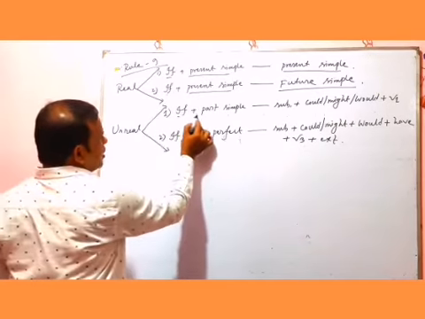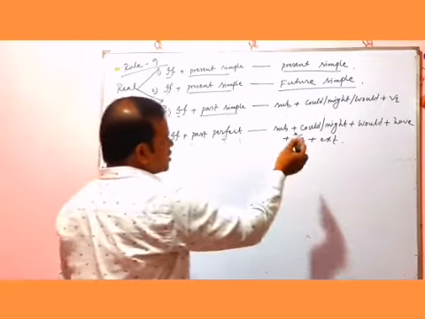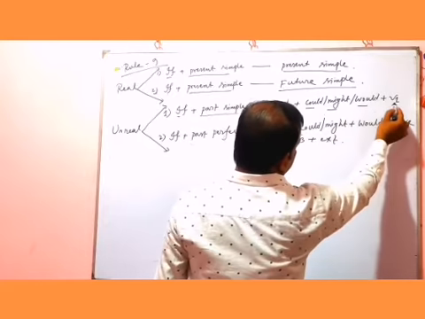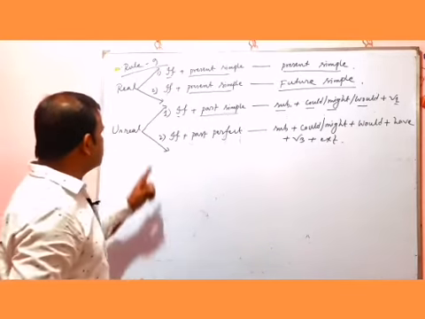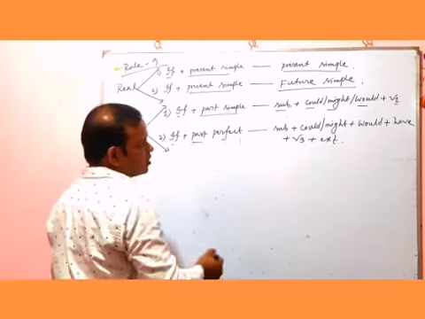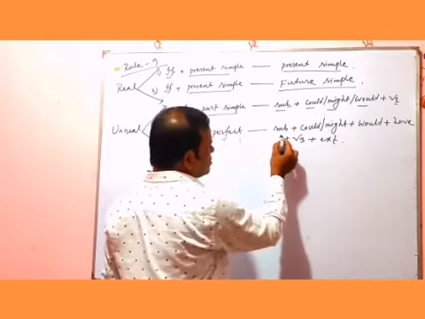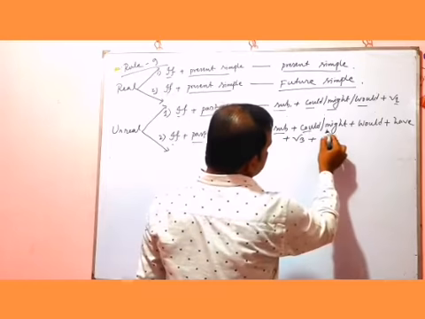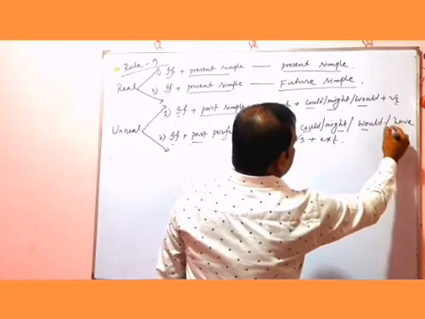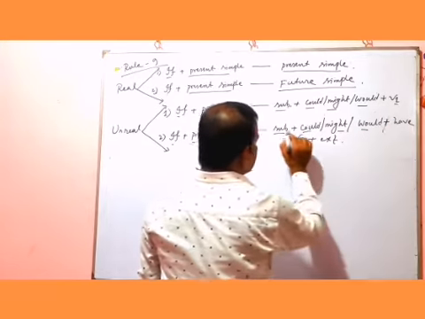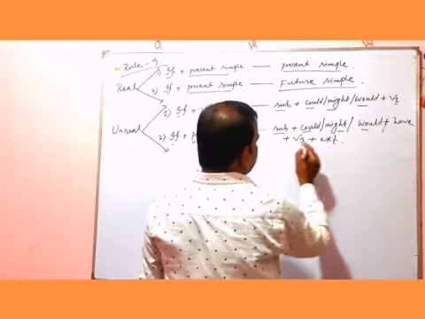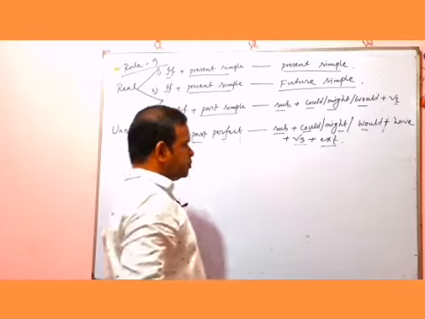Unreal, if plus past simple, next part will be subject plus would, might, could plus verb 1. And rule 2, if plus past perfect, then next part will be subject plus could have, might have, or would have plus verb 3 plus extension.